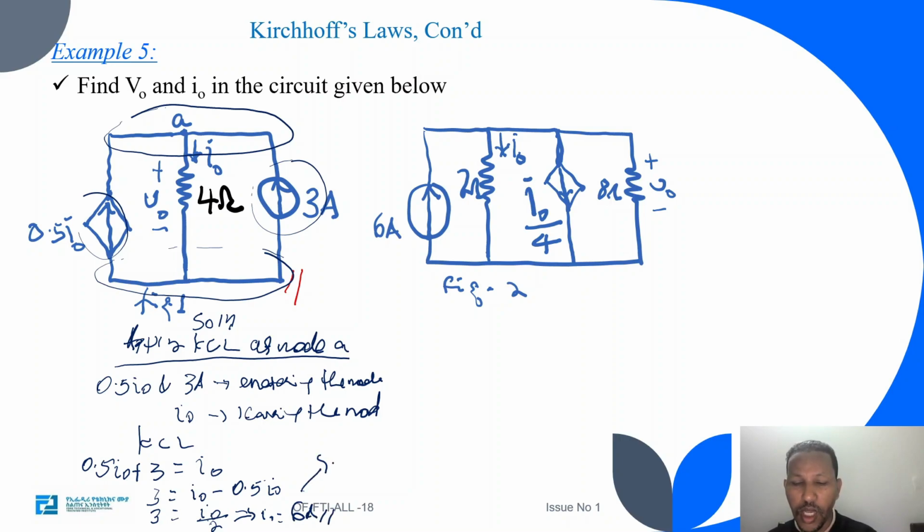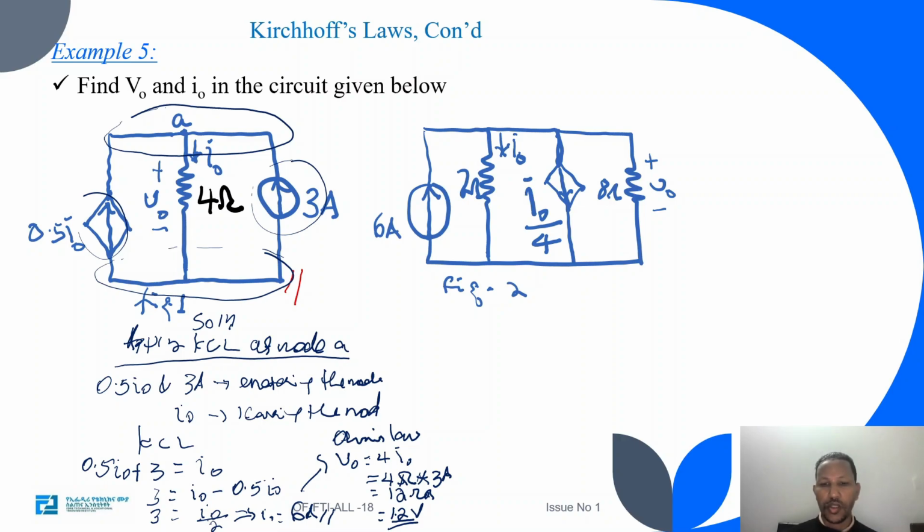Then, by applying Ohm's law, V naught equals 4 times I naught. So 4 ohm times 3 ampere equals 12 volt. Using this, we get the solution just by applying KCL and Ohm's law.